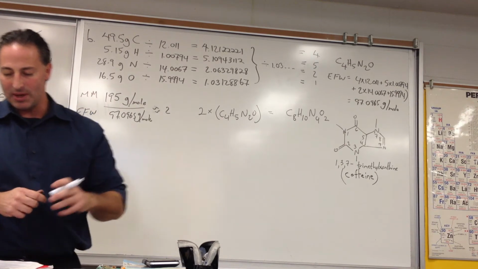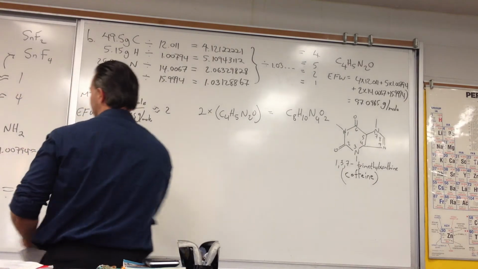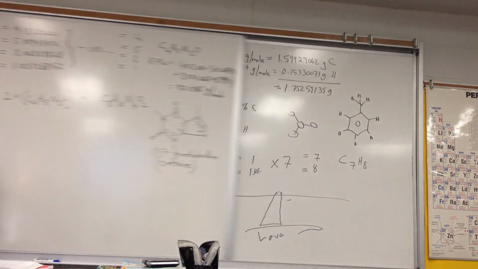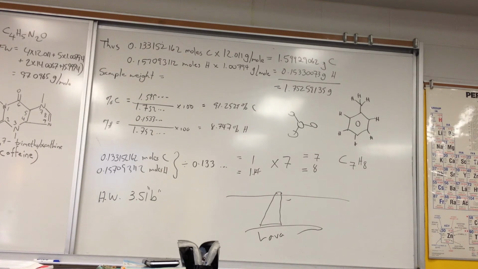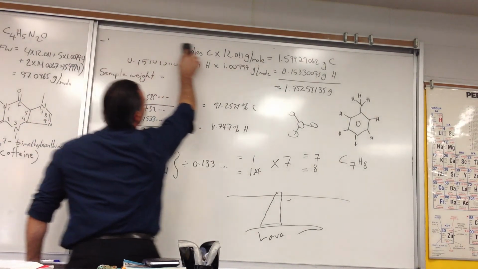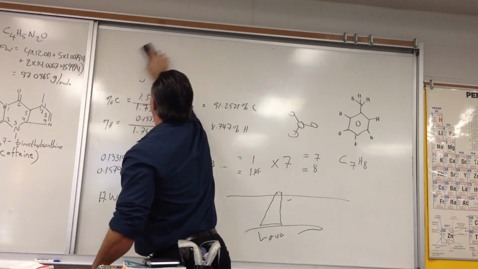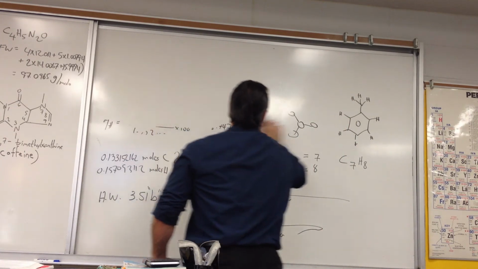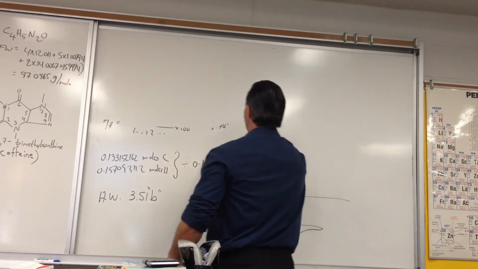So we're going to start by making the problem a little easier to solve. We're going to make an assumption. We're going to multiply our experimental values by 1,000. That's not going to change the result in any way.